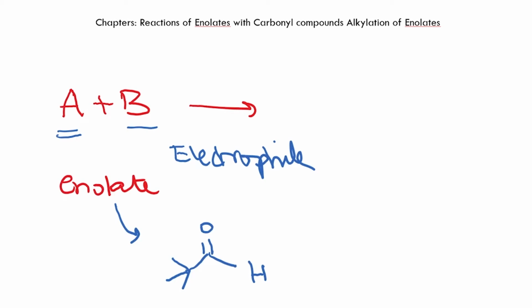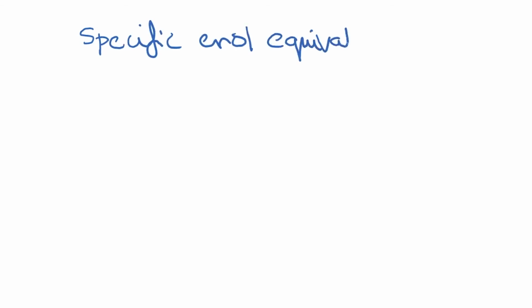But in order to solve this problem of trying to mix and match, we generate what are known as specific enol equivalents. Now, we have looked at this earlier in the semester, for example, generating an enolate under certain special conditions.